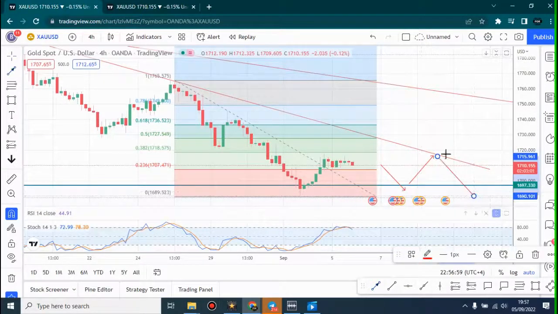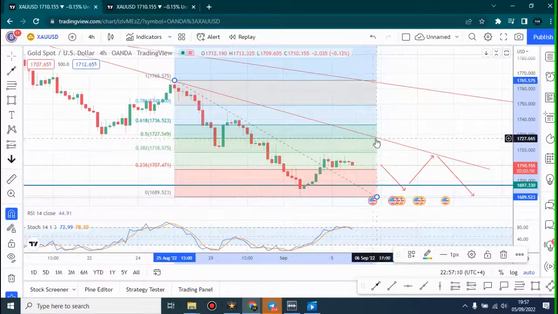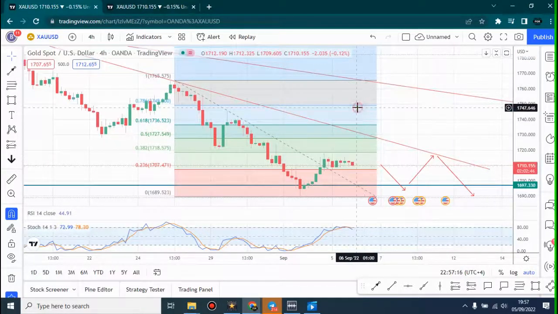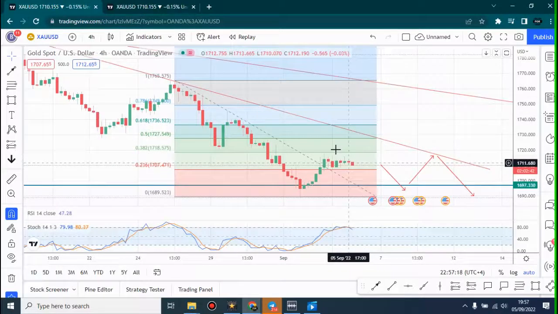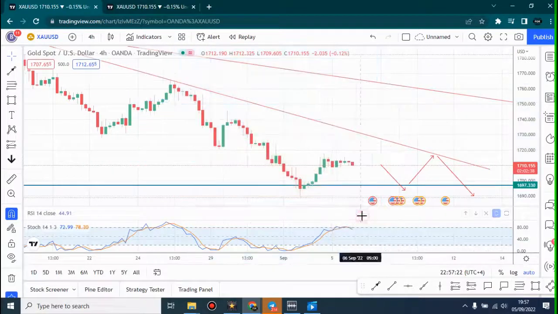Let me take out my Fibonacci. We can see that price hasn't even gone to the 50 level yet, but the 50 level is a very valid level. So let's take it out first. I'm going to remove it. That's it.